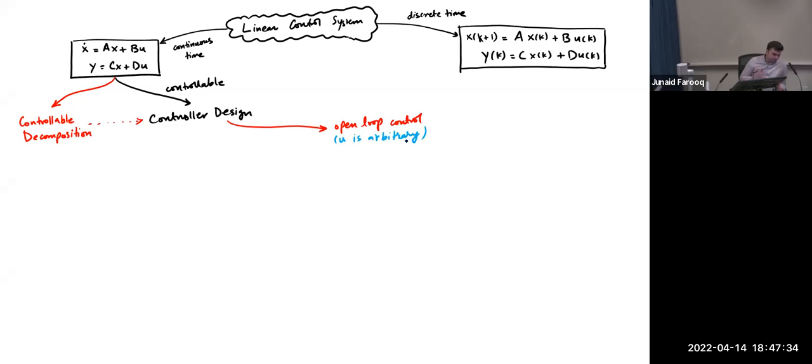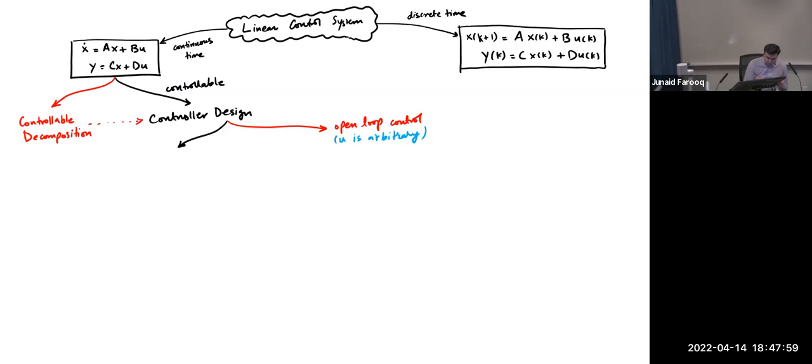Whatever input you provide, you get a corresponding output, right? And based on the output, you try to manually adjust the input until you arrive at the desired response. That's an open loop sort of a controller design.